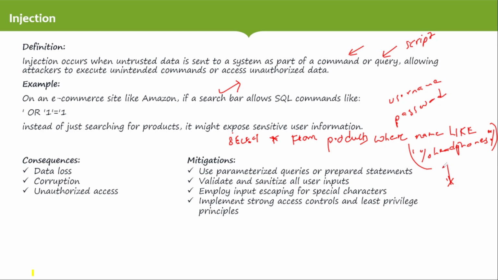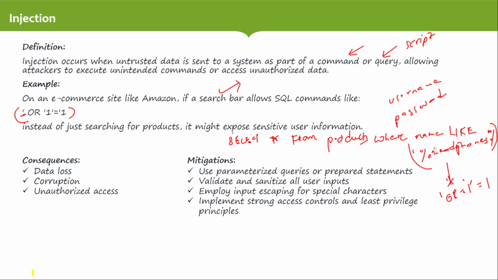So let's say we give this query there. This is a payload, you can say an SQL injection payload. If I give that, the statement will be replaced like this: or 1 equal to 1.